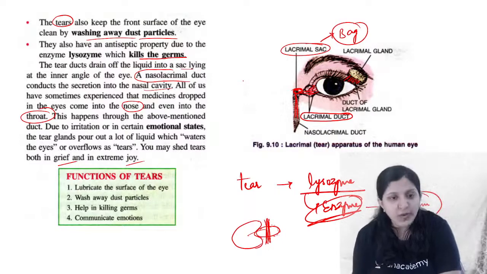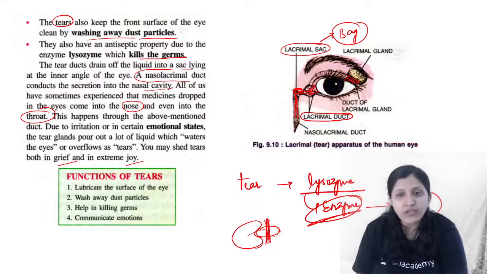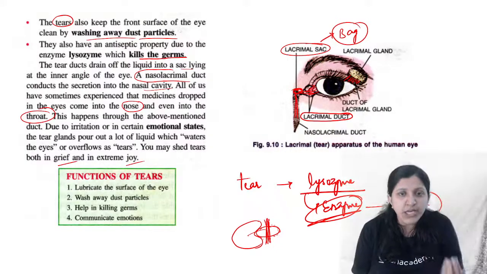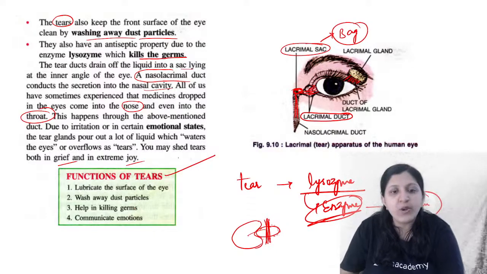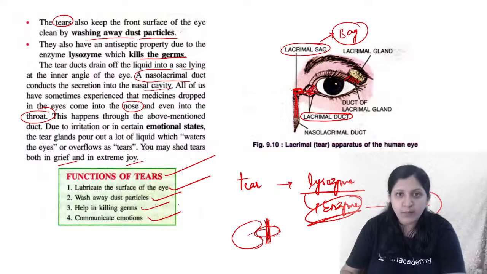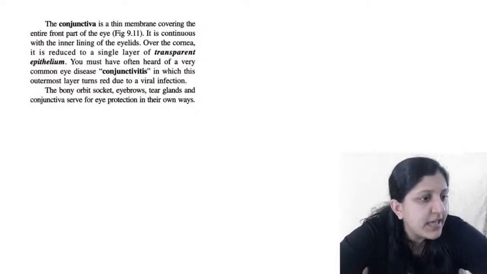Whenever you are too excited, too happy, or sad, this particular gland starts secreting lots of tears. The functions of tears are to lubricate the surface of the eye, wash away dust particles, help in killing germs, and communicate emotion. All these functions are done by the tears. Clear? Any doubt here?